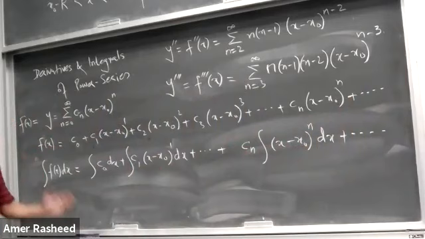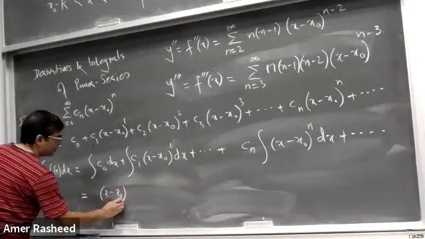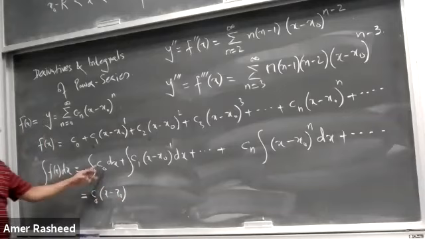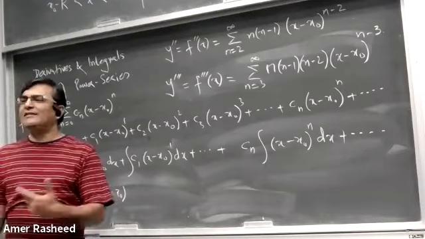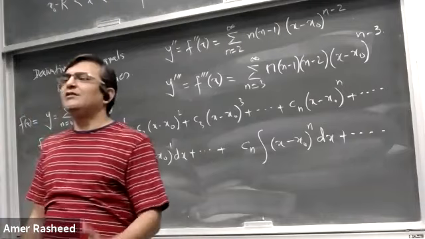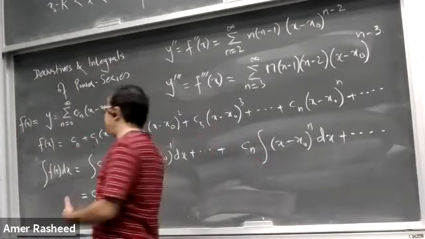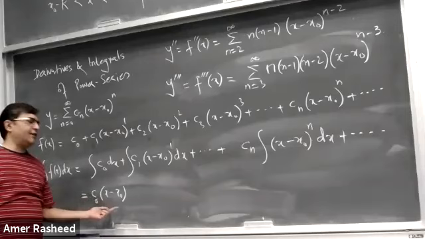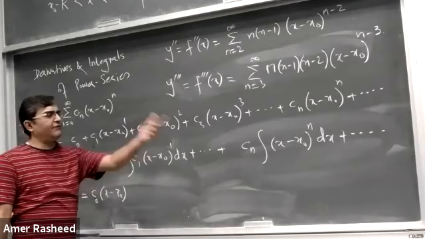We integrate each term of the power series. When we integrate, what do we obtain here? We can have C naught times (x minus x naught). C naught is a constant. The integral of 1 is x, but I am taking it as x minus x naught so that this term remains consistent with the other terms.